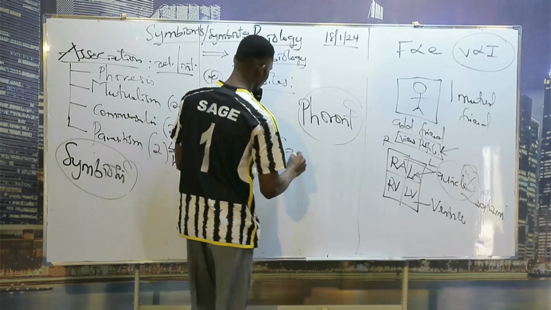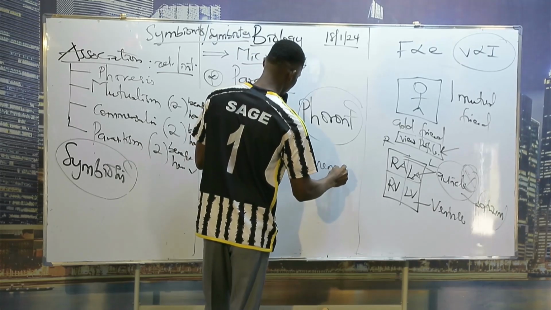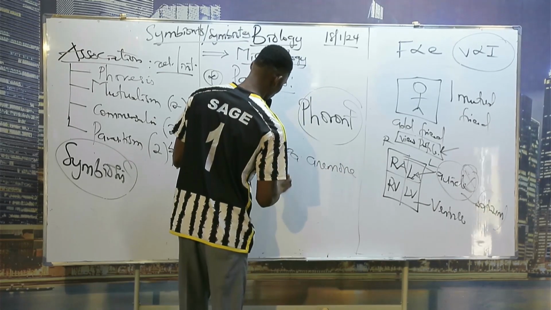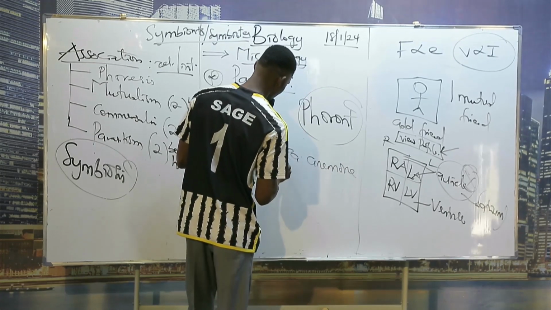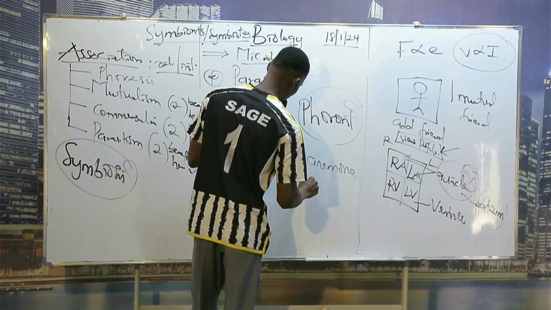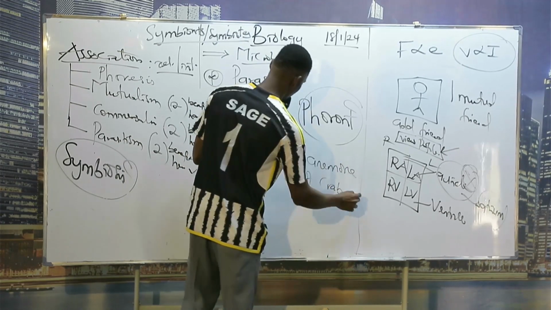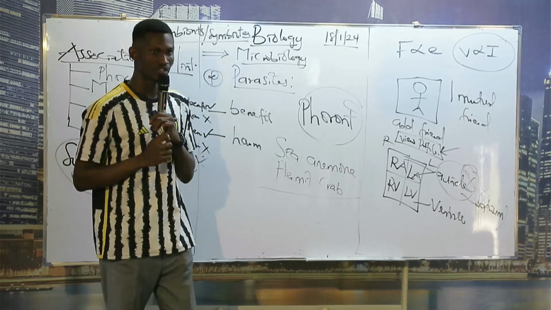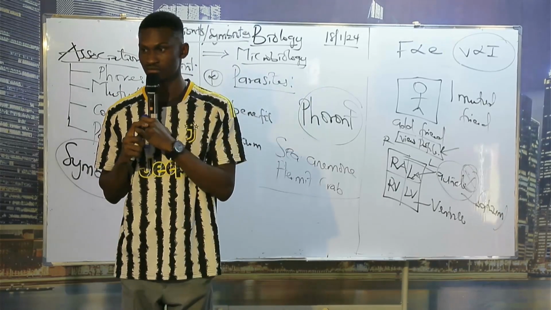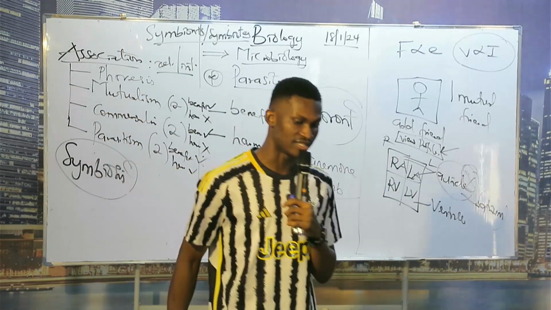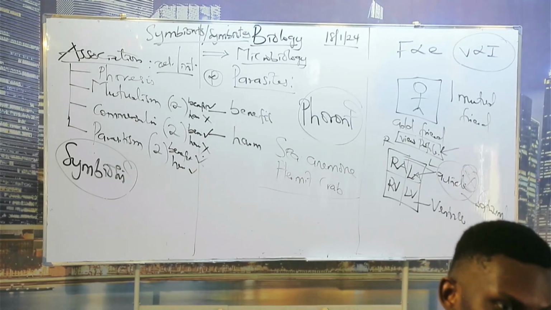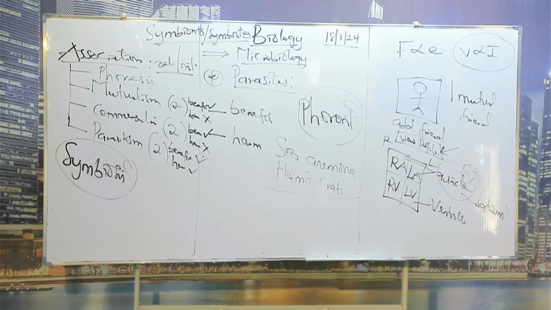So on the board we have sea anemone and hermit crab. Any other one? Etcetera. That's why you should be reading your book.